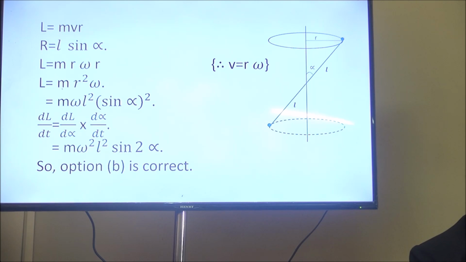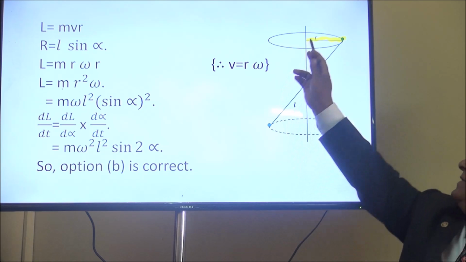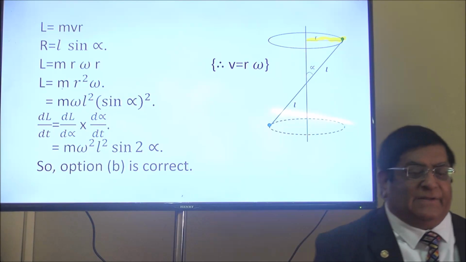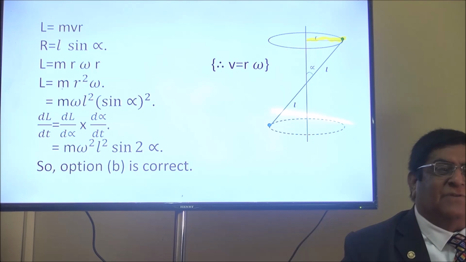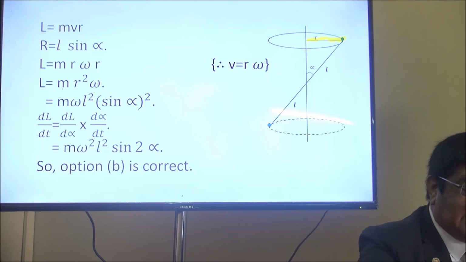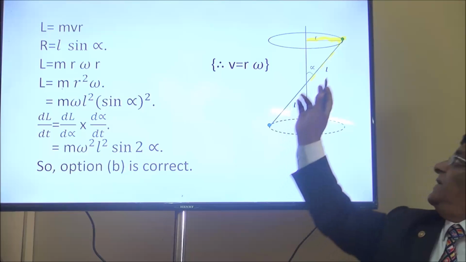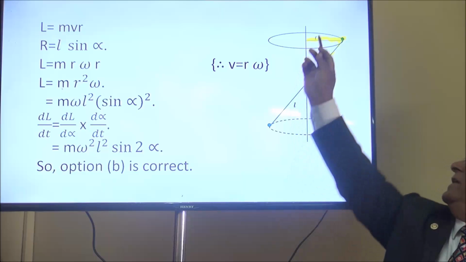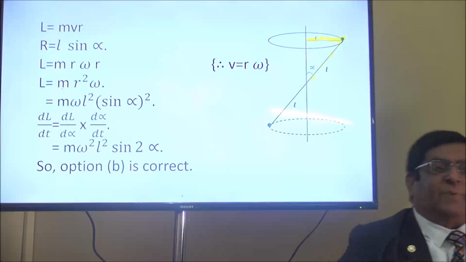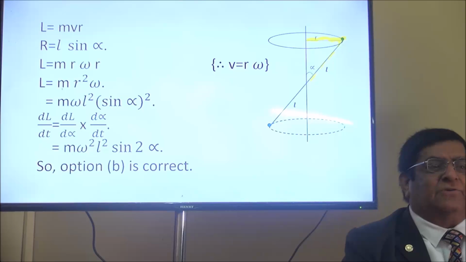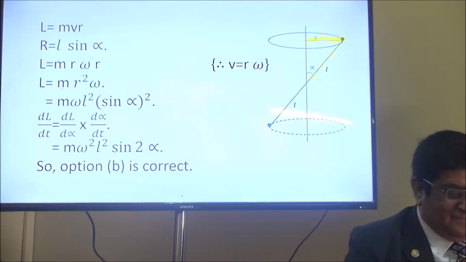The answer is, radius of rotation is here. This is the radius of rotation. Now, this we are supposed to fill up there, and what is given to us is length. That is this. Now, what is the relation between the two? R is equal to L sine alpha. It is perpendicular. So R is equal to L sine alpha.